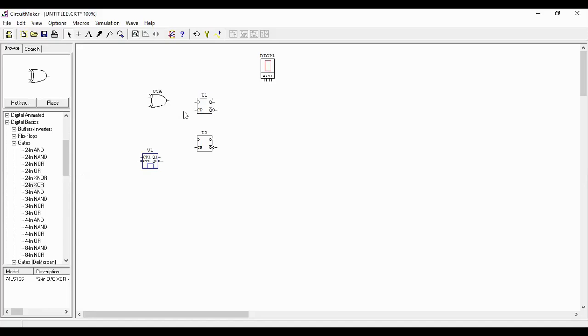So the next step is to do a wire tool and interconnect them. We are being told that QA, that's A, goes here, and I have it going there, and then QB goes there.